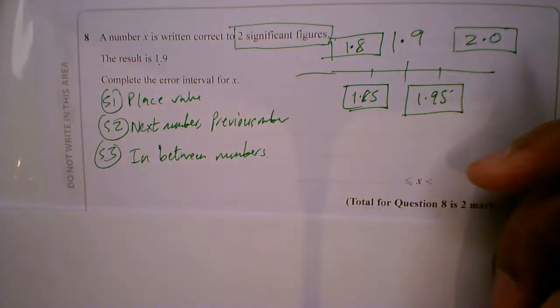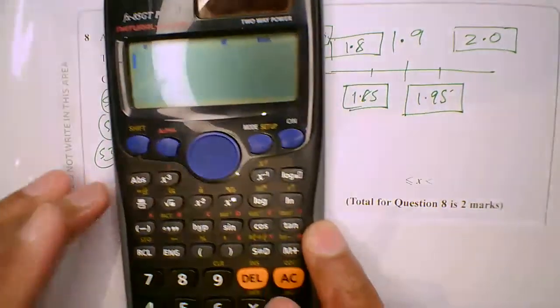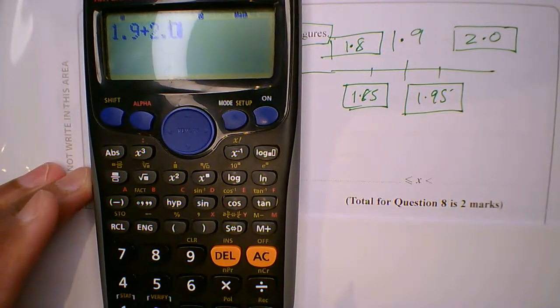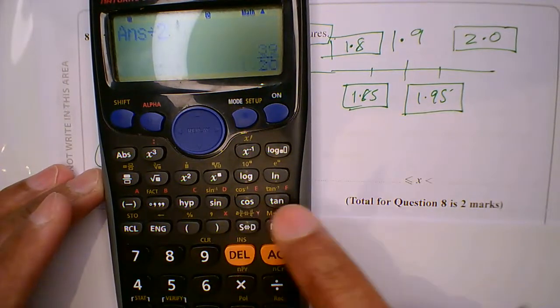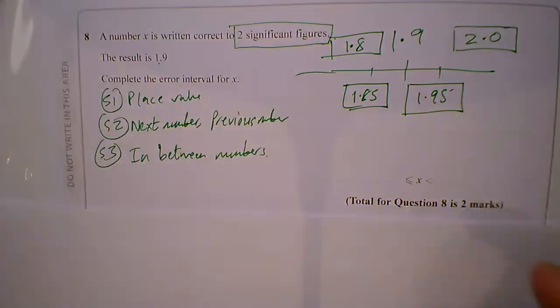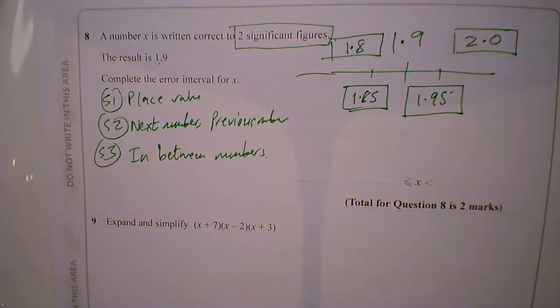Just to make it easy for you, we add them together. 1.9 plus 2.0 divided by 2, we get 1.95. So add them together, divide by 2. Okay, so that's a nice 2 marks. So let's add that to our tally.